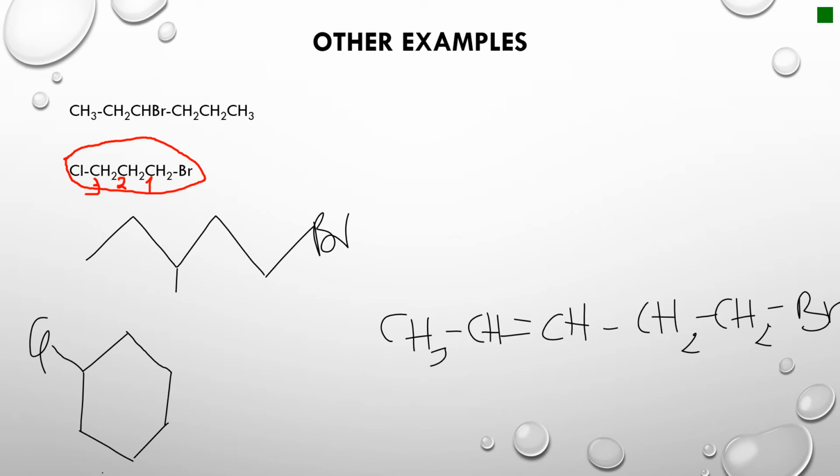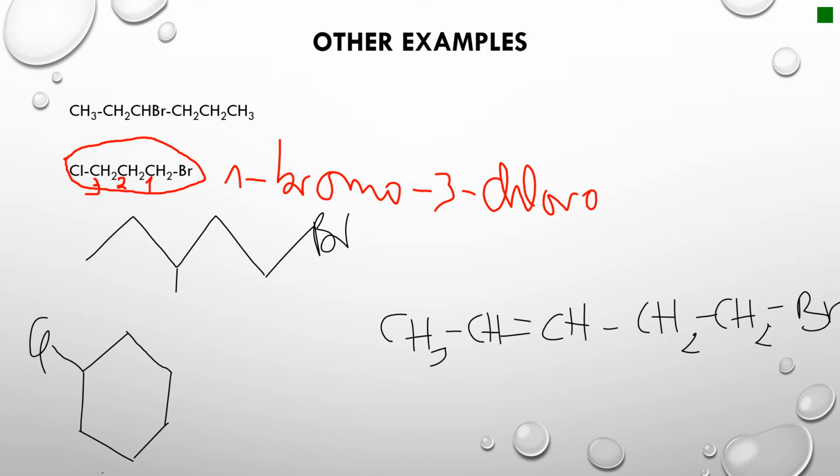B comes before C, so we'll start by writing 1-bromo, then 3-chloro, and the name of the parent chain is prop, because 3 carbons, A-N-E. Now the name will be 1-bromo-3-chloropropane.